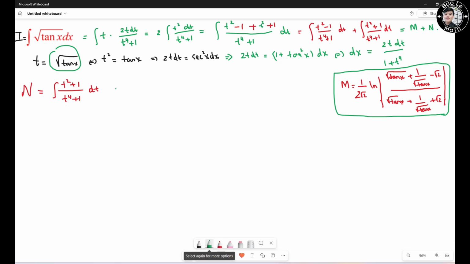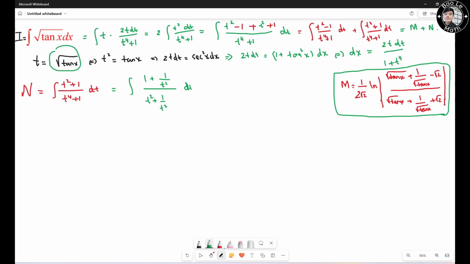So we do exactly the same thing, so we just divide the top and bottom by t squared. So it turns out to be the integral of 1 plus 1 over t squared over t squared plus 1 over t squared dt, right?